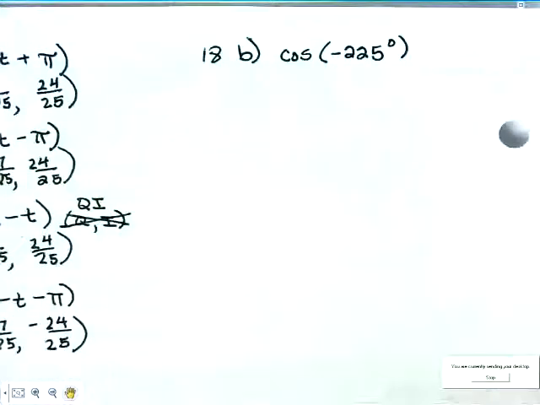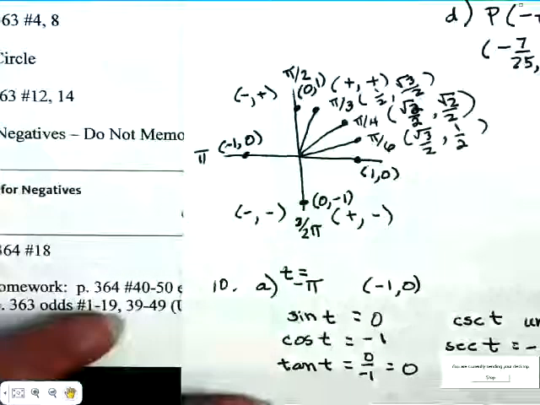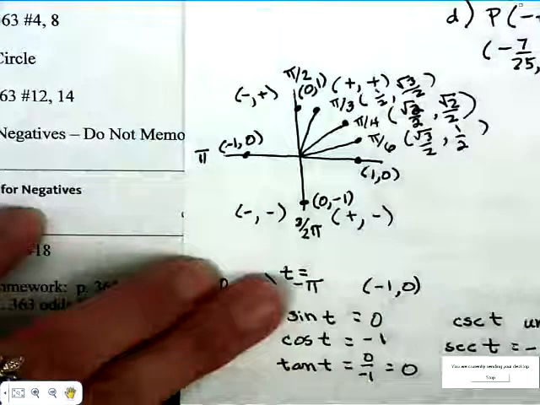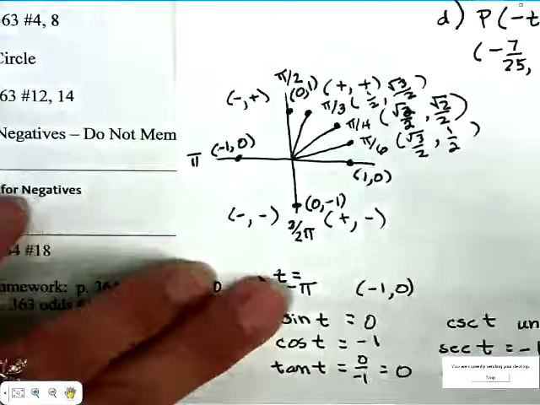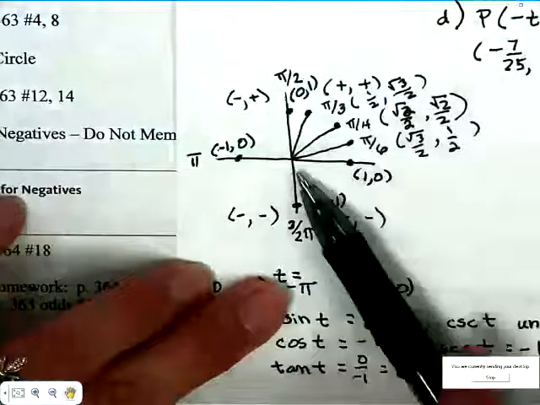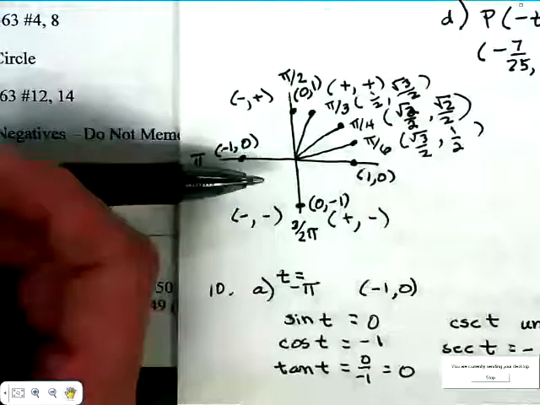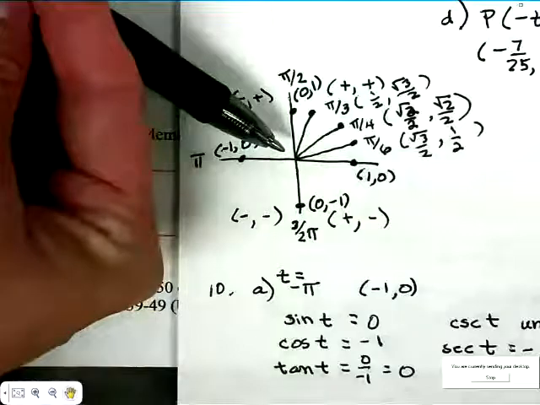I'm going to look at my big unit circle or my abbreviated form of it and count by multiples of 45 degrees in the clockwise direction. So here's 45, 90, 135, 180, 225 would be in the second quadrant.